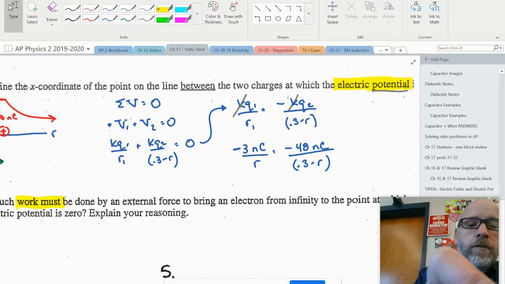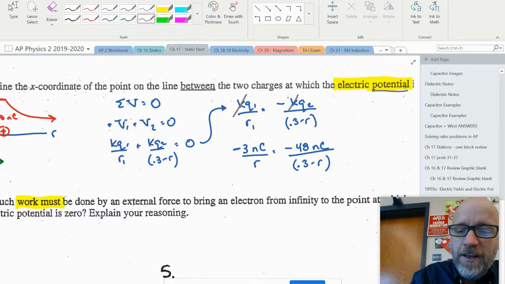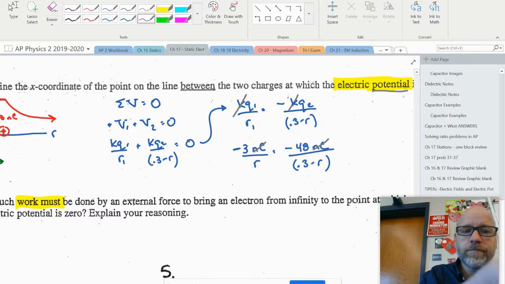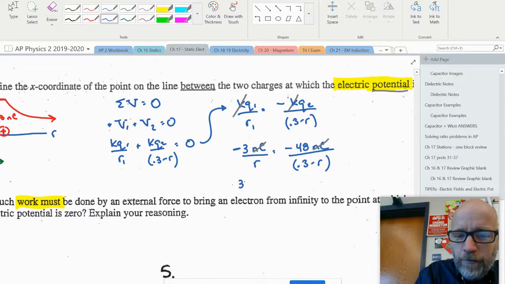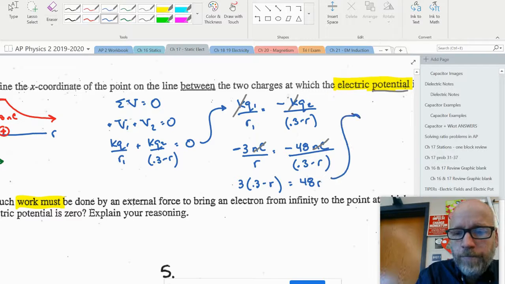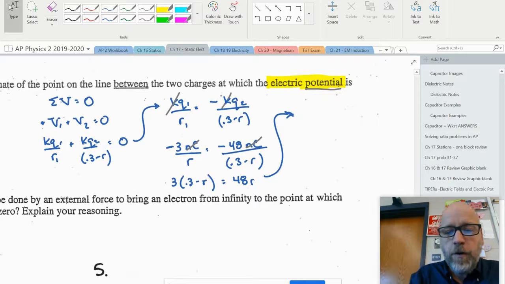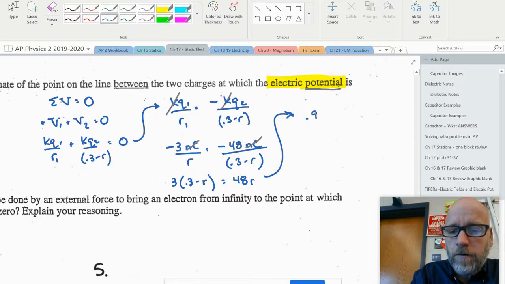The nanocoulombs go away. Let's cross multiply. Oh, the negative signs go away. I'm not going to cross them off on my work here, but I got 3. Good. Keep going if you haven't already done so.